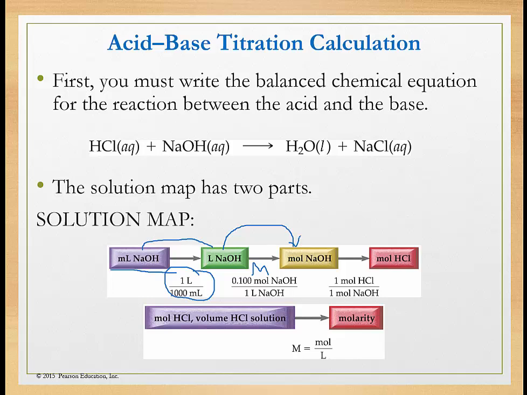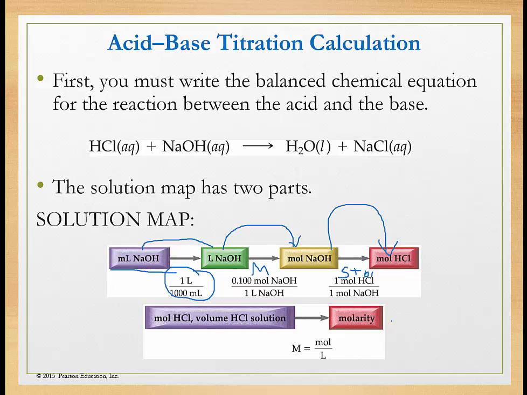Now remember, for every one I drop in, it's reacting with one of those hydrochloric acids. So now I use my stoichiometry. I'm just going to abbreviate it. Stoichiometry. And I can convert moles of hydroxide to moles of hydrochloric acid. Now, that tells me how much hydrochloric acid I had, number of moles.